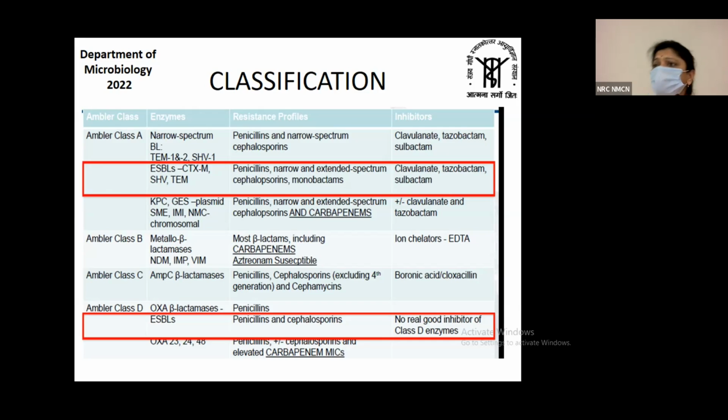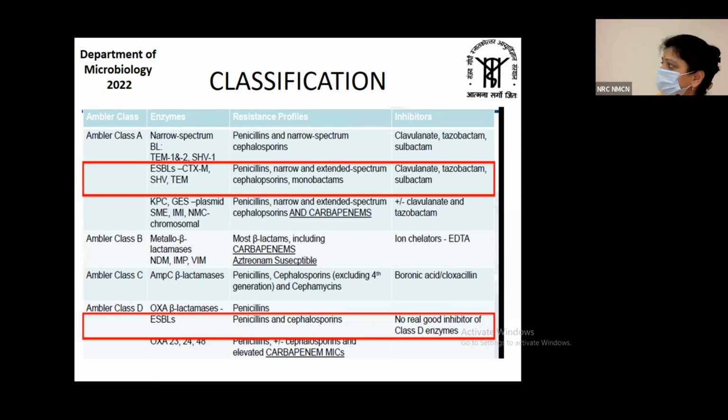However, if your antibiogram is telling you that third generation cephalosporin is resistant and cefoxitin is susceptible, that means it is an isolated ESBL producer and AmpC is not being produced. In addition, if it is sensitive to carbapenems, it means MBL is not being produced, right?